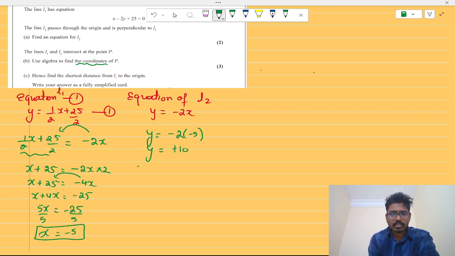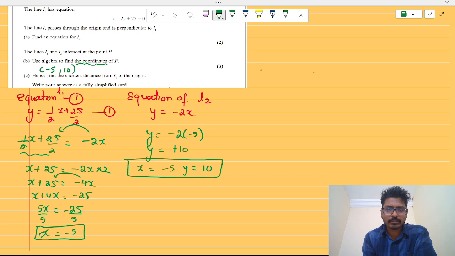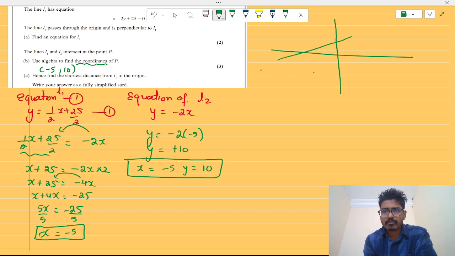Therefore our x value is negative 5 and y value is positive 10, so the coordinate P will be negative 5 and 10. This is the coordinate we obtained for the lines L1 and L2, right?